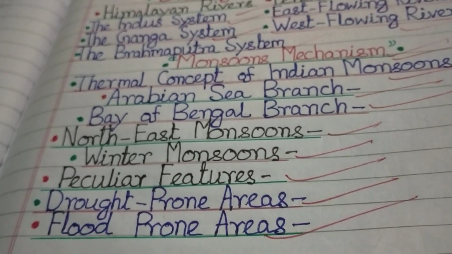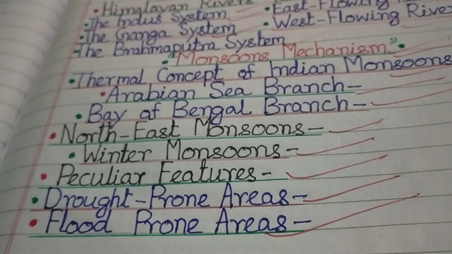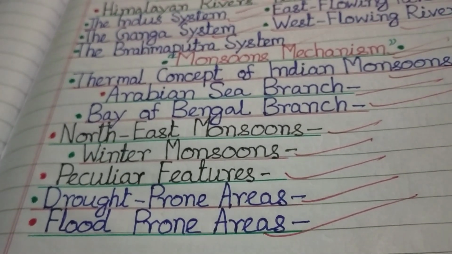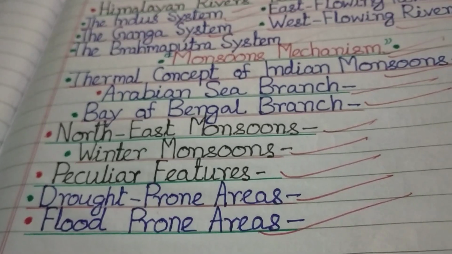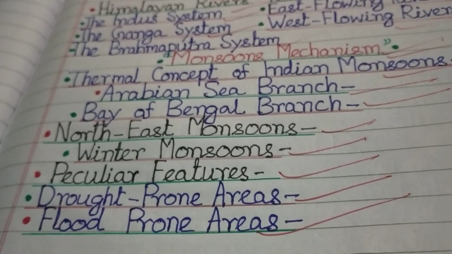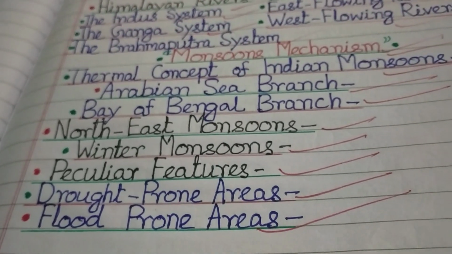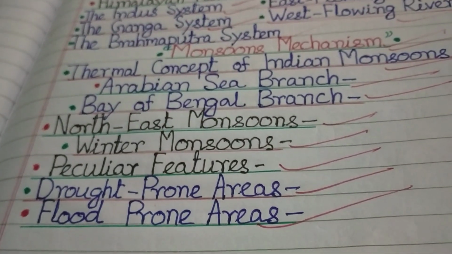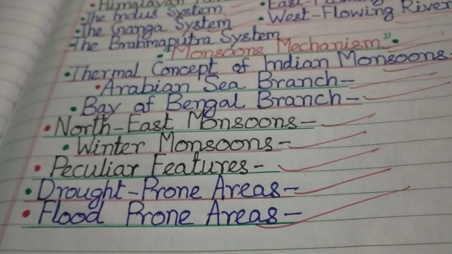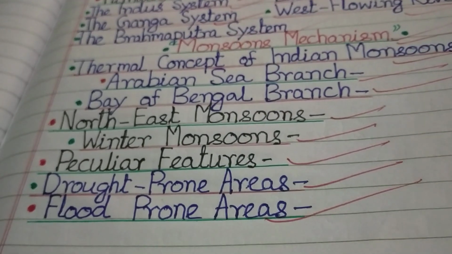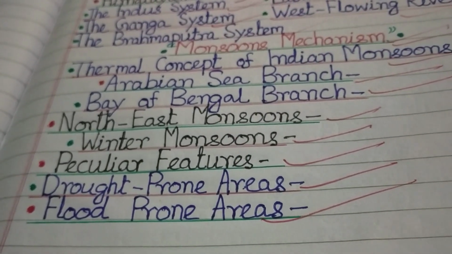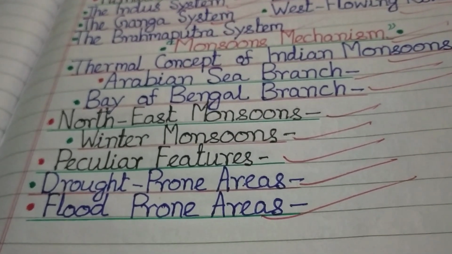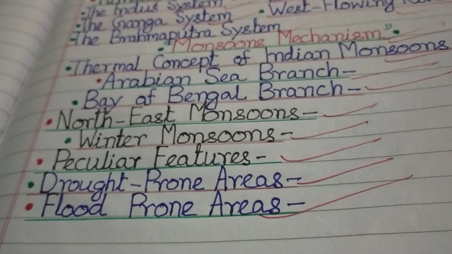The third kind is the moderate drought conditions, which affect 46% of the total drought-prone areas. These areas are Odisha, Central North Madhya Pradesh, Chhattisgarh, Jammu and Kashmir, and Central East Tamil Nadu.